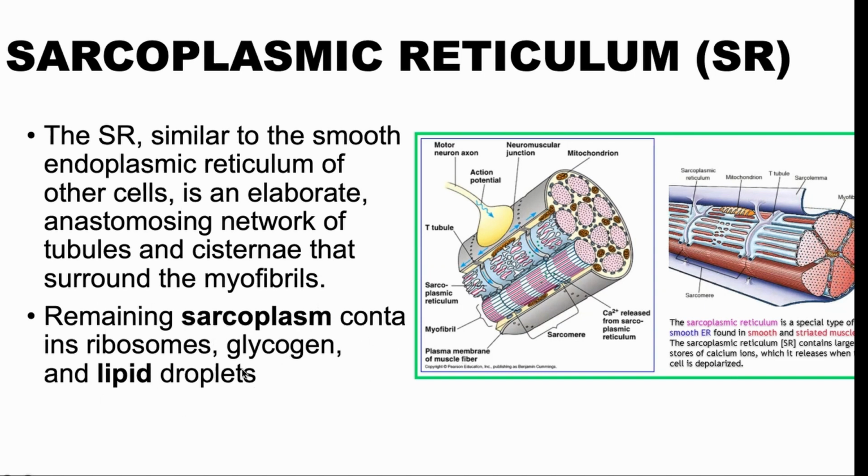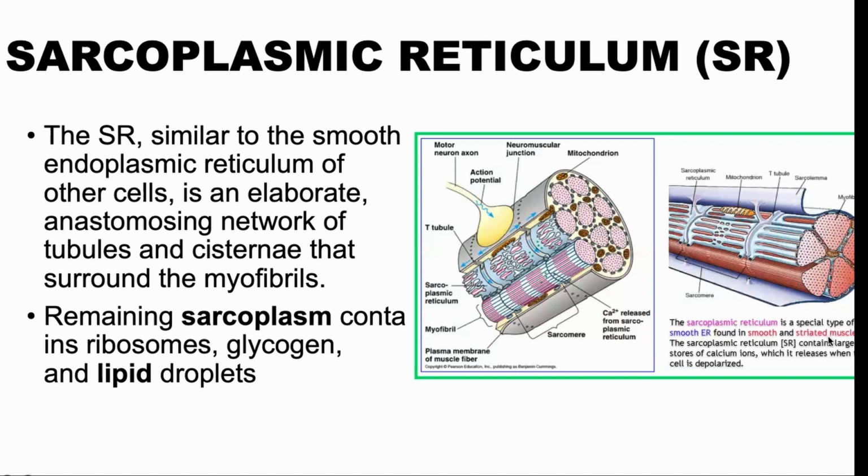Remember, we talk about the glycogen and the lipid as inclusion bodies that are just there. For example, when there's a need for energy, you can have glycogen being broken down. You can have the fat also being broken down, reversing to give you the carbohydrates so that you can get the energy. The sarcoplasmic reticulum is a special type of smooth ER, and it is found in striated muscle.